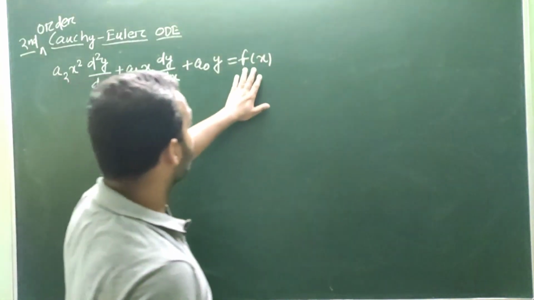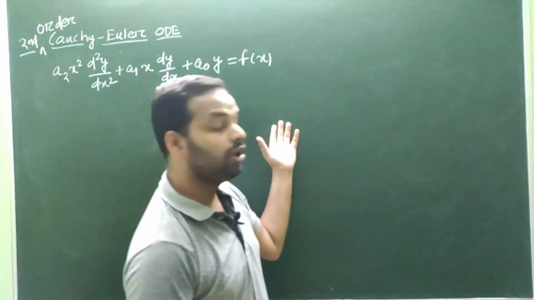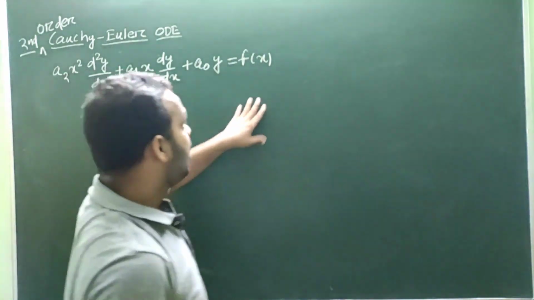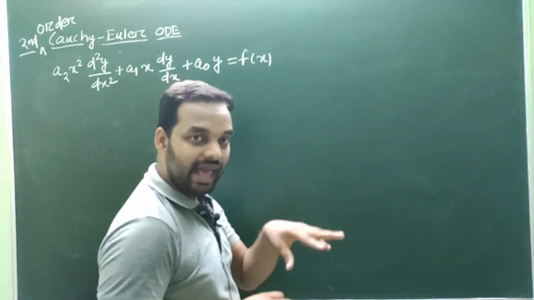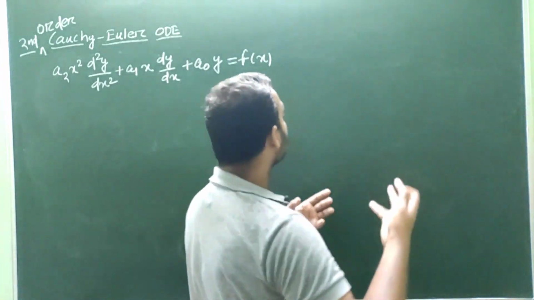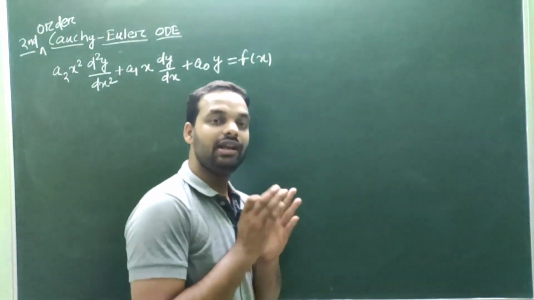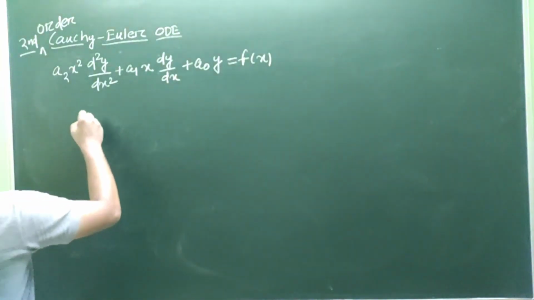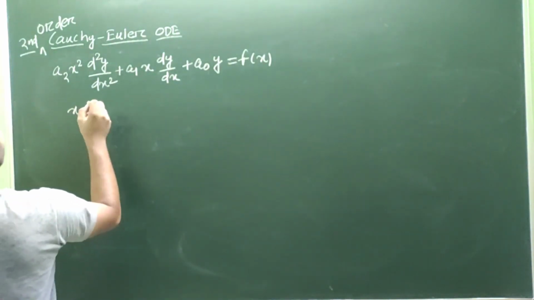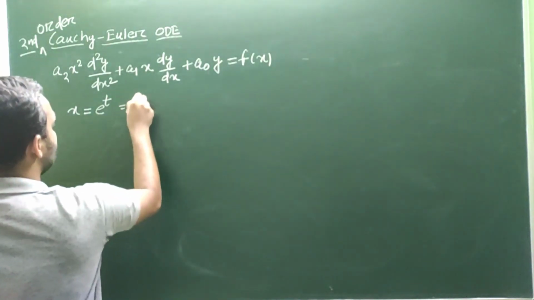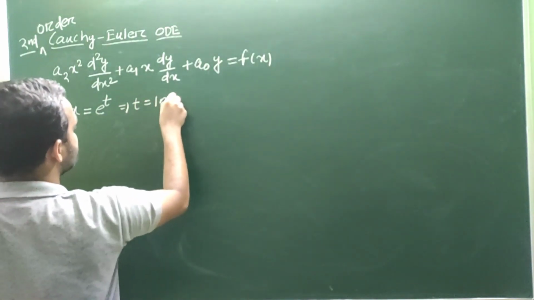Remember, if this f of x is 0, then you just have to calculate the complementary function. And if this is some function of x, then I have already told you all the methods by which you can calculate the particular integral as well. Right? So in these cases we make the suitable substitution, that is x is equal to e power t. That implies t becomes log x.